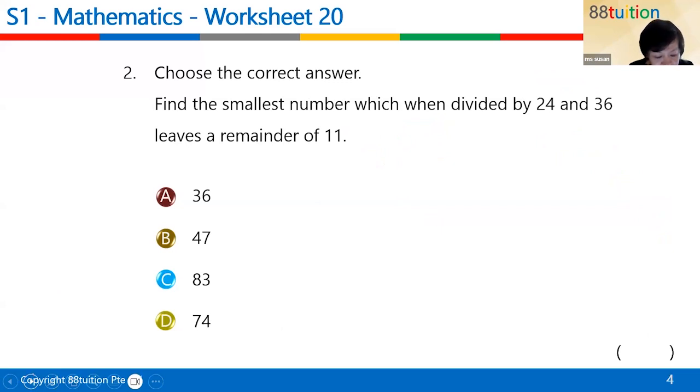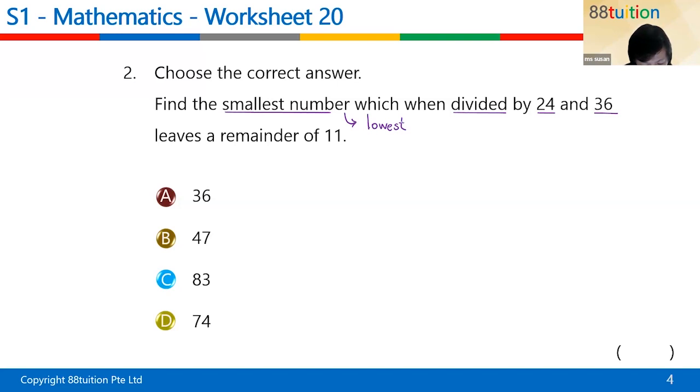Choose the correct answer. Find the smallest number which can be divided by 24. Oh, the keyword. He said the smallest number which can be divided by 24 and 36. So meaning to say your answer must be a great number, right? Oh, sorry, the smallest number here. So this is calling the lowest, right?